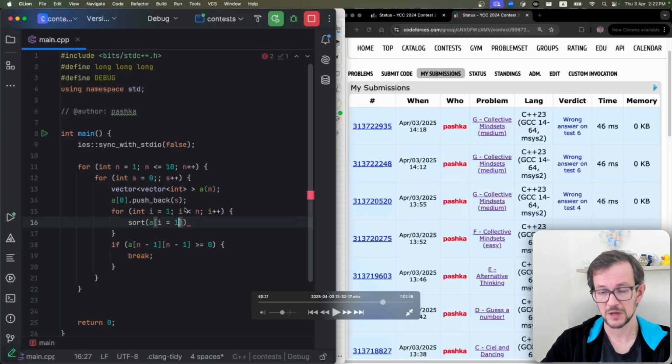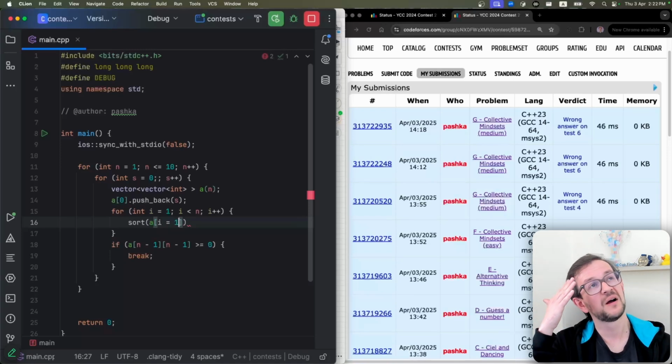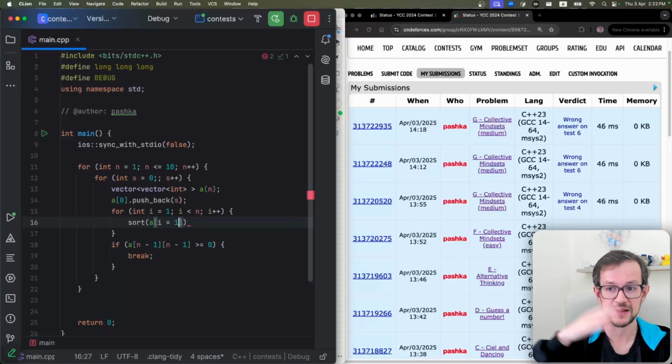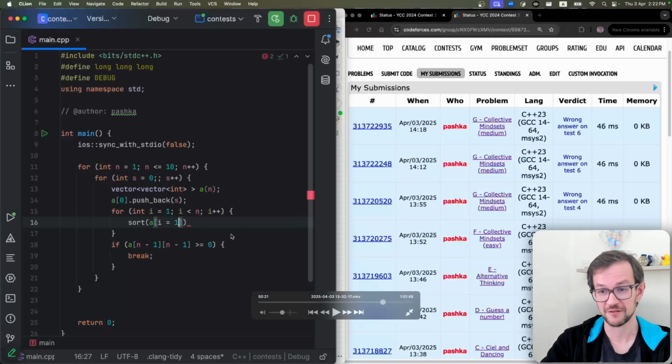So Ai will be the final configuration: if I have i plus one people and S coins, what will be the final configuration we get in the end? Okay, hope it's clear now.